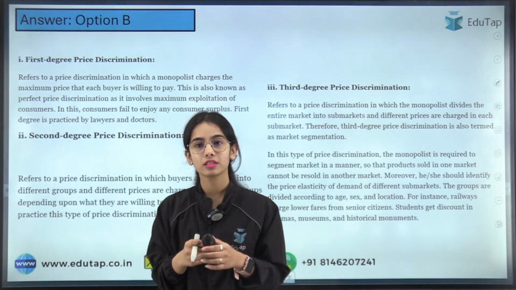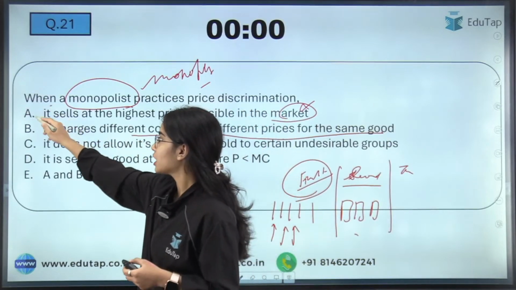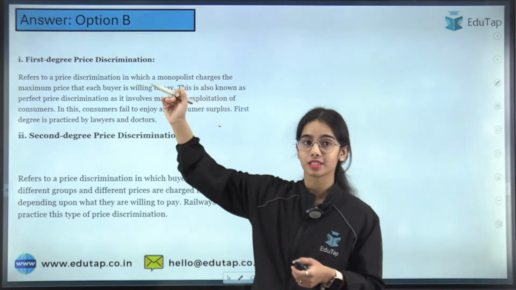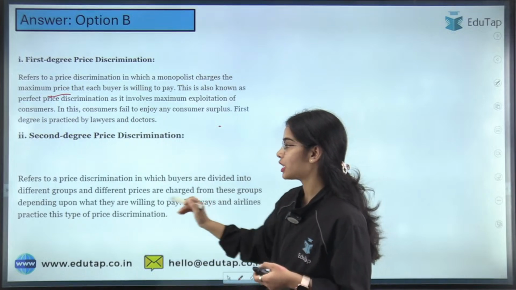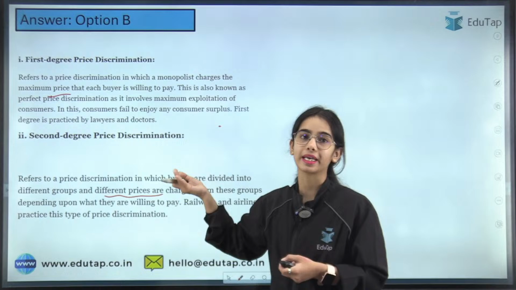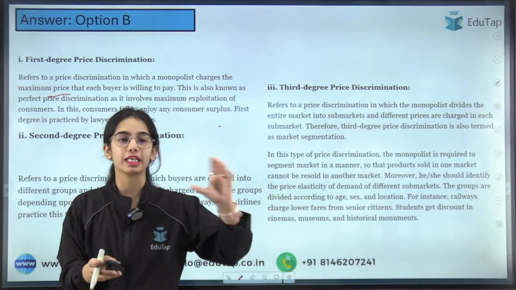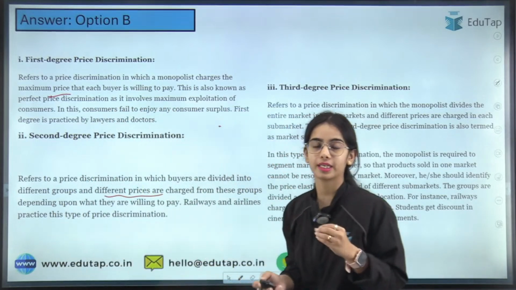That's why A cannot be correct, because only in first degree price discrimination can the maximum price be charged. In second degree, there are different prices for different groups and they are not usually the highest prices. In third degree, the price is decided as per the market segmentation. Okay. So B was the most appropriate answer.